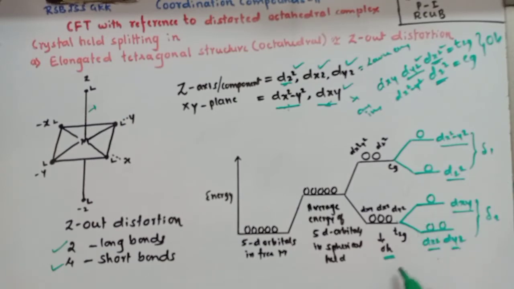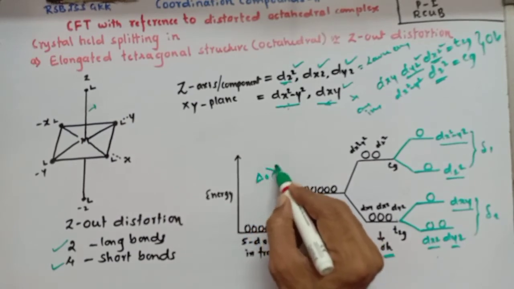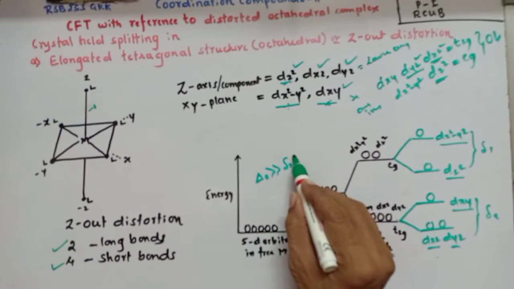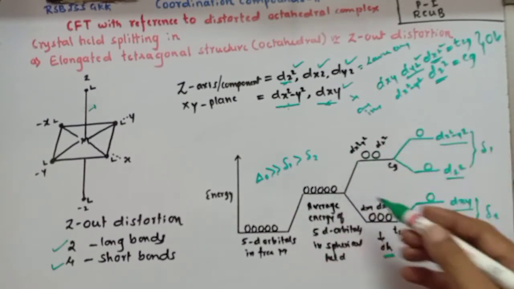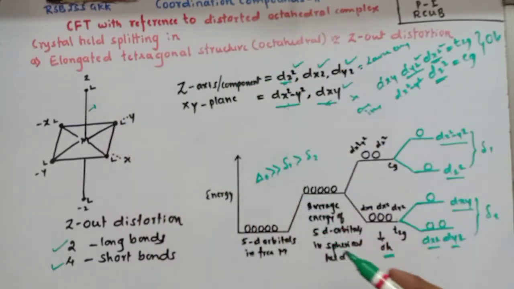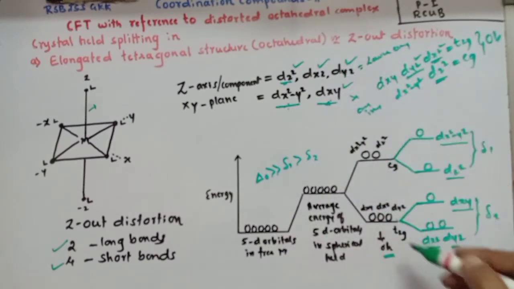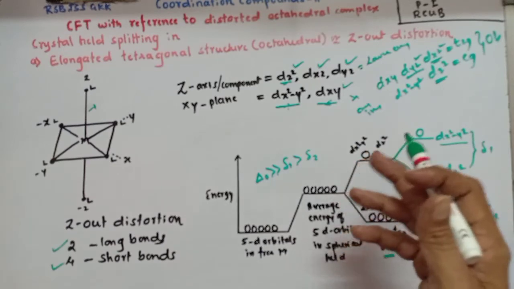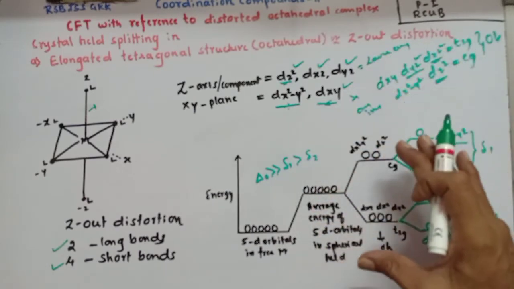Always the delta naught value is greater than delta 1, which in turn is greater than delta 2. This is how we write the crystal field splitting diagram for the distorted octahedral structure, that means when the z out distortion takes place. Let us see another one, the compressed tetragonal structure, and how the crystal field splitting takes place.